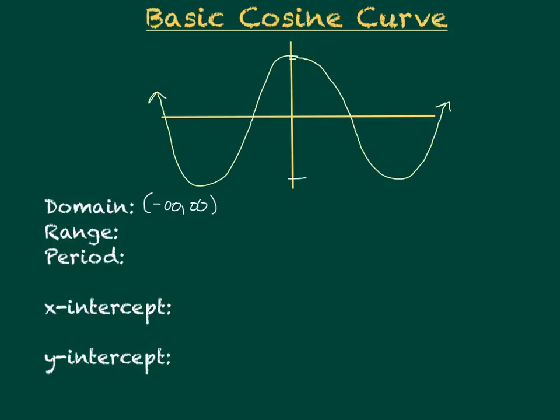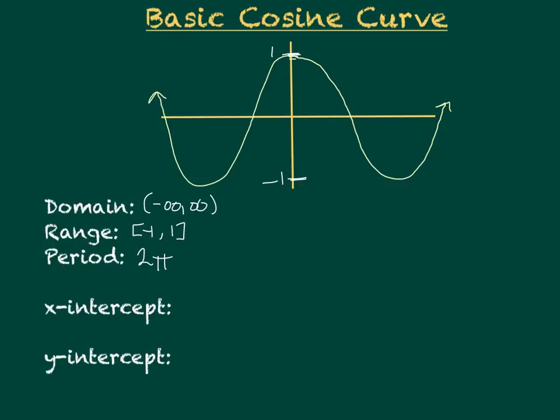And the range is still going to be -1 to +1. And the period is still going to go 2 pi before it repeats. So the period, the range, and the domain are the same for these two parent functions.